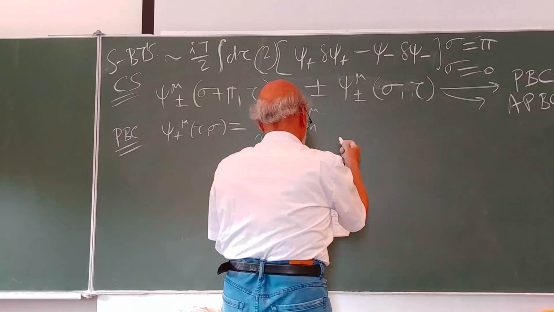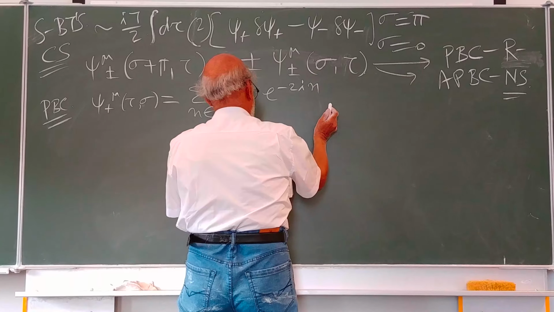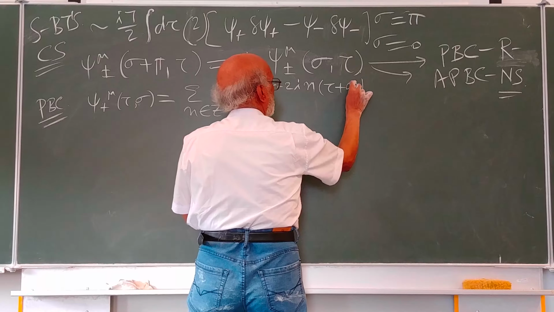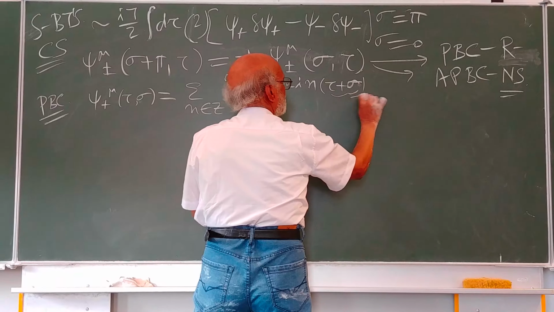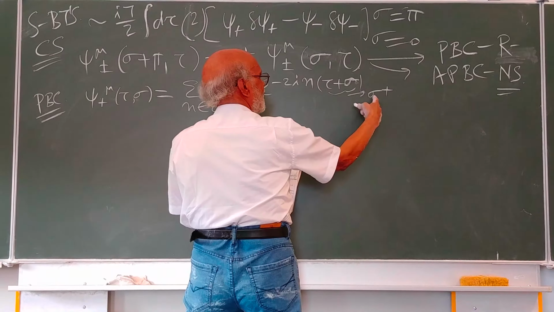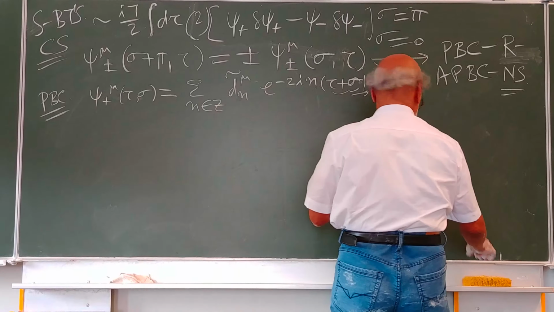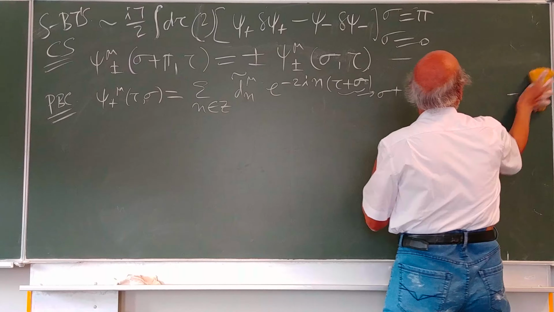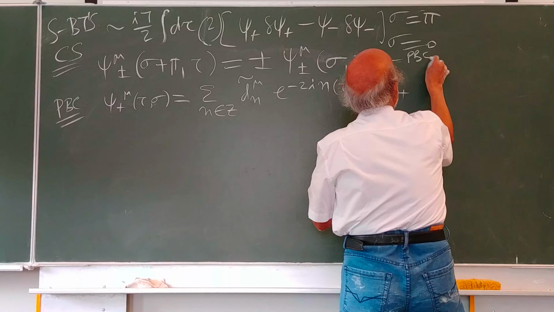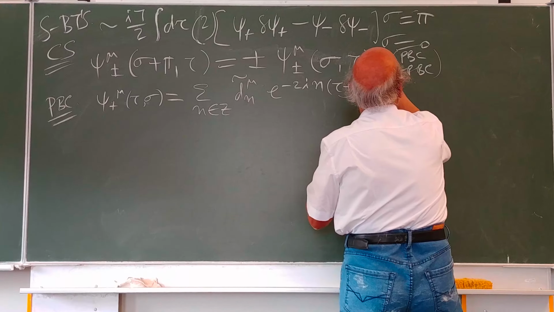So this is e to the power minus twice i n times (tau plus sigma), and I always prefer to write this to remind us that this is sigma plus. These are anti-periodic and periodic boundary conditions.